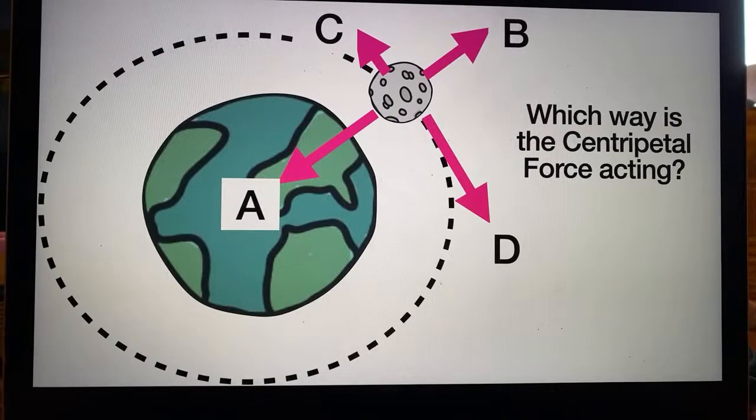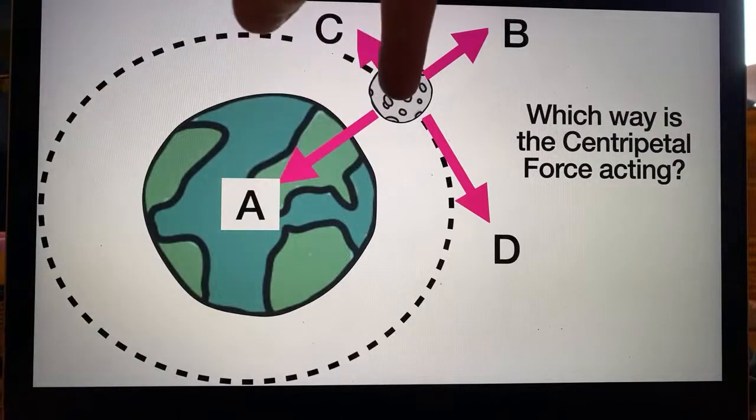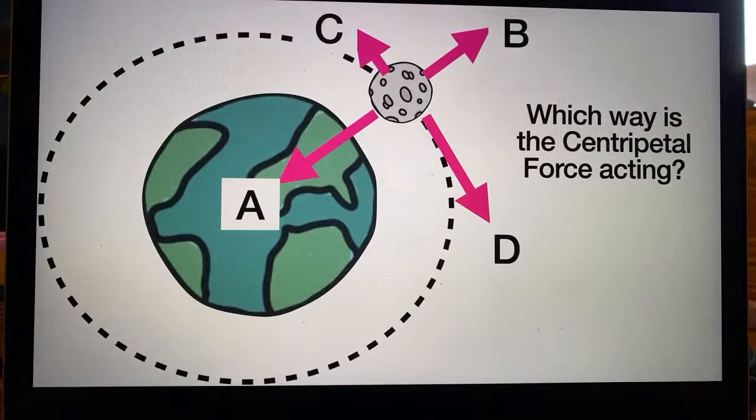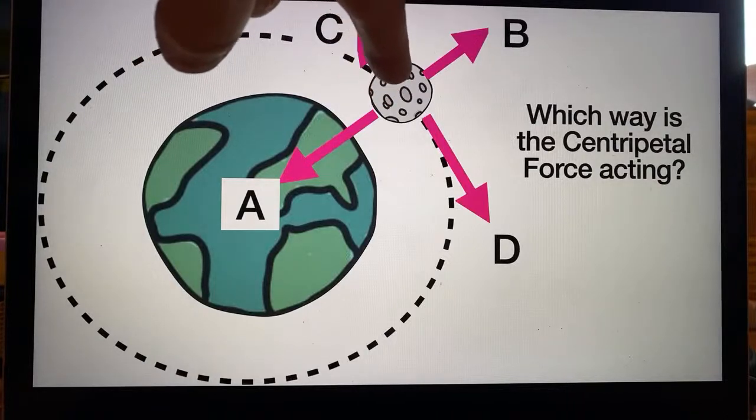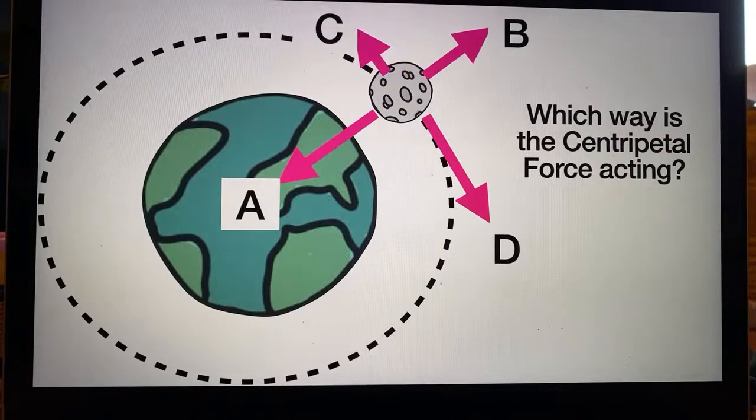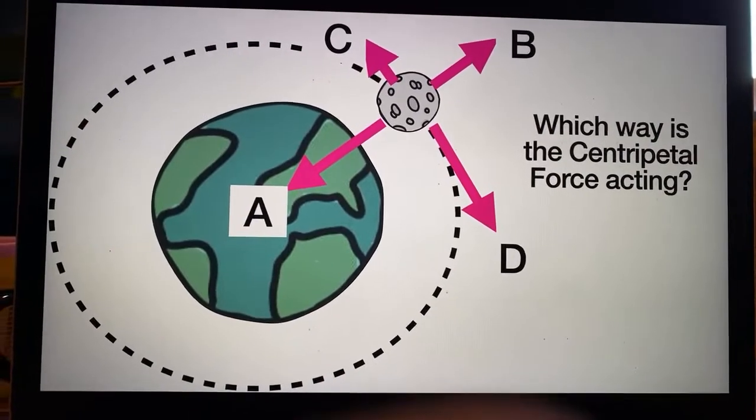So you've got a picture of the moon and a picture of Earth. We've got A, a force acting towards the middle of Earth from the moon. B is a force going outwards into space from the moon. C is a force going anti-clockwise, and D is a force going clockwise. Which way is the centripetal force acting there?